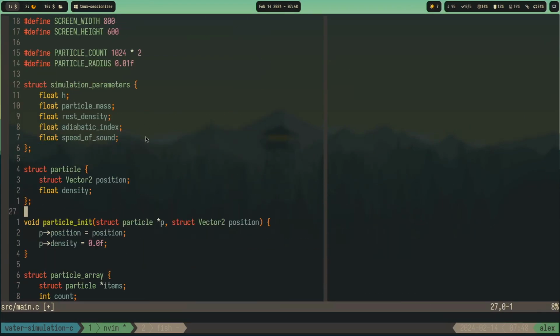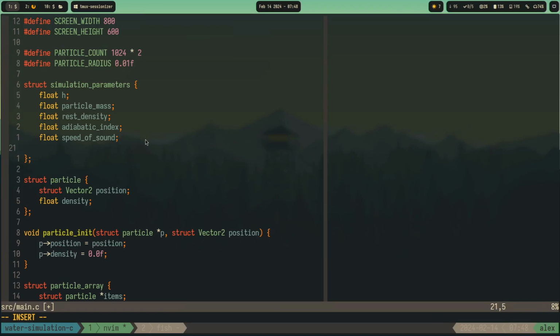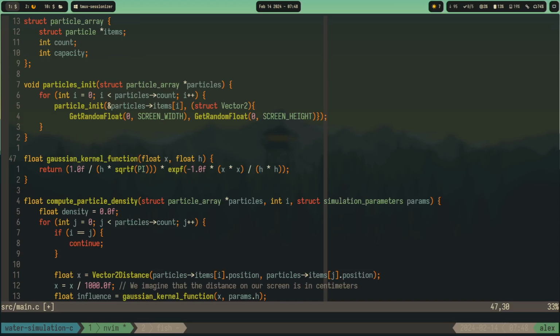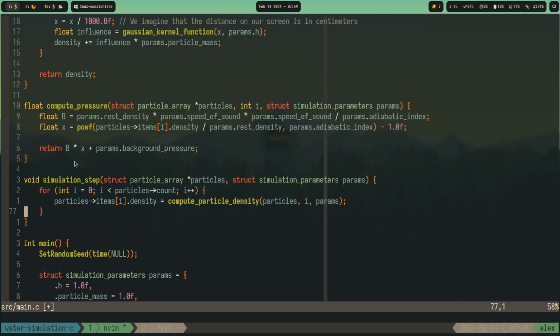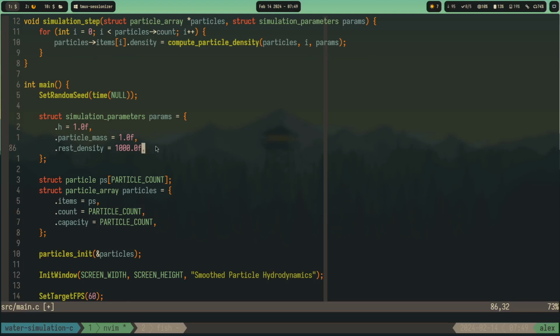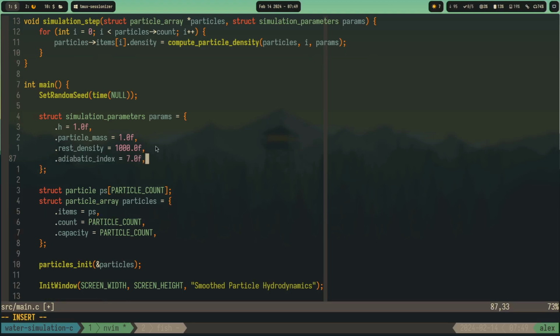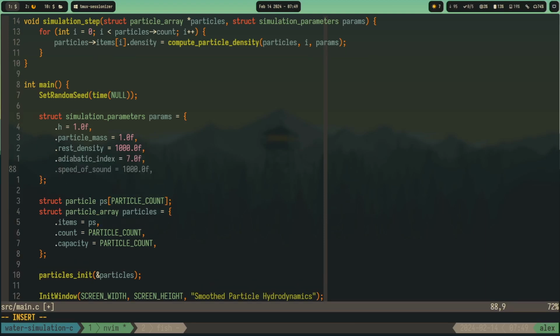Let's have it. Float background pressure. But I mean the background pressure is pretty much to not have negative pressures or something. So let's go ahead. I have the adiabatic index 7 for water.